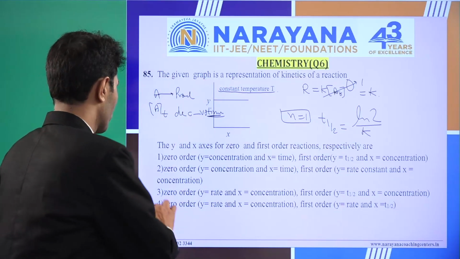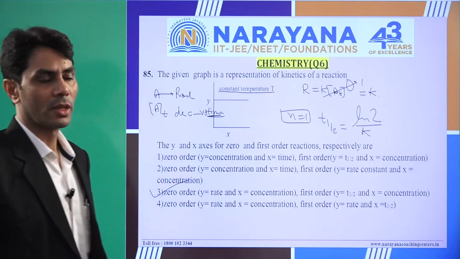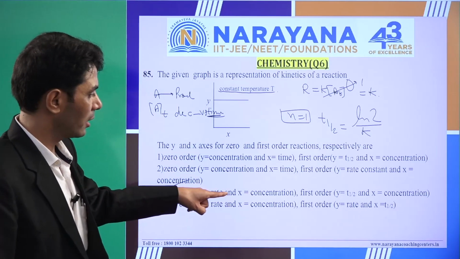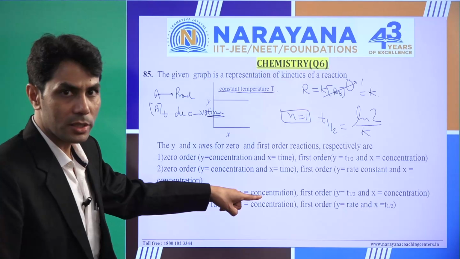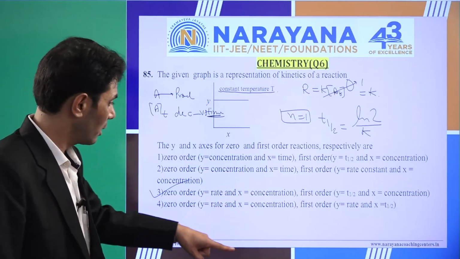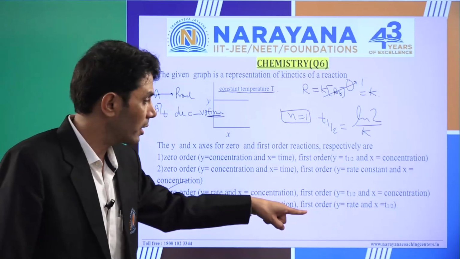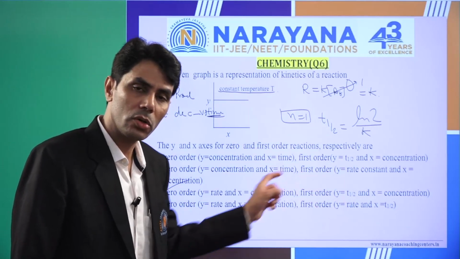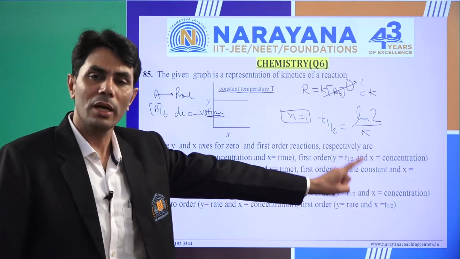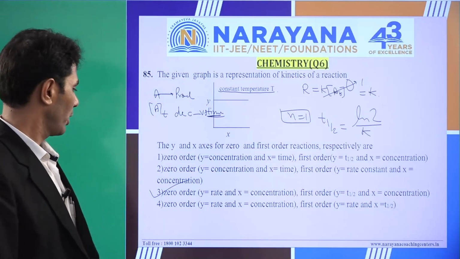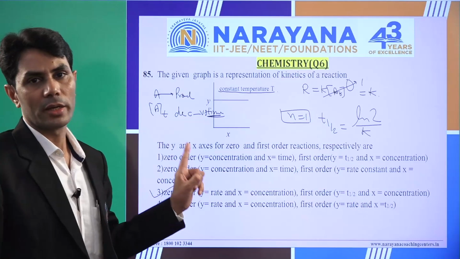So option C is correct. Y is rate of reaction and x is the concentration: for zero order reaction, the rate remains independent of concentration, and for the first order reaction, the half-life also remains independent of the concentration. That's why option third is correct.